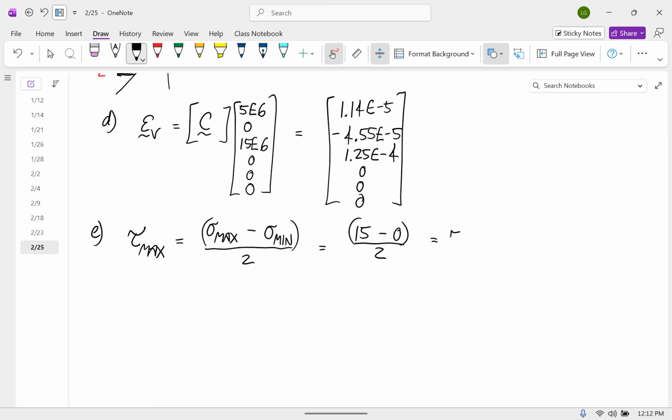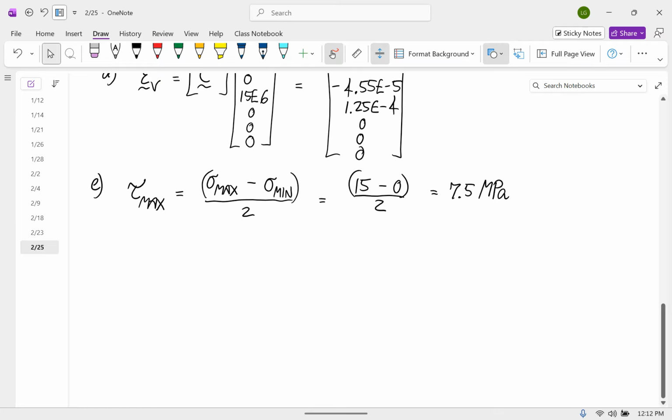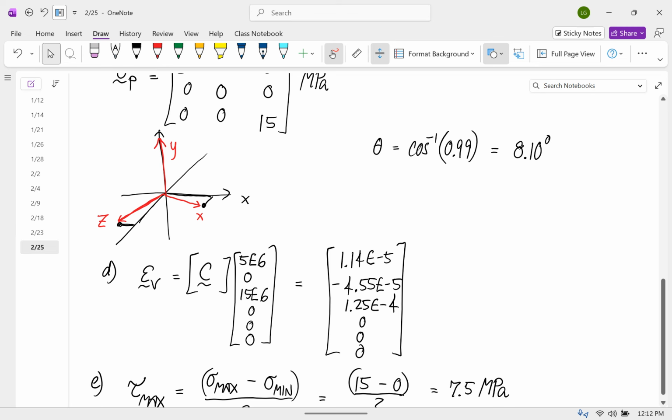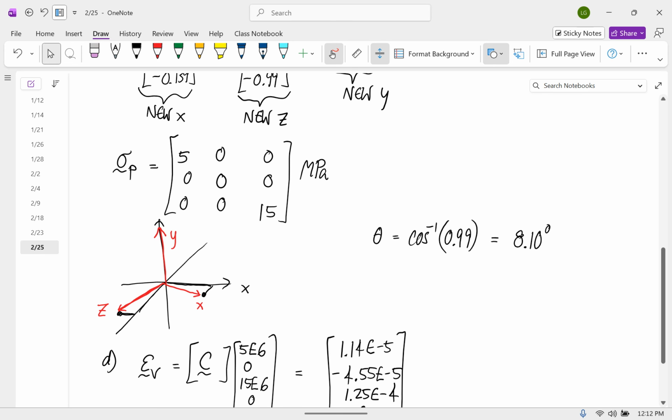Divide by 2 and you get 7.5 megapascals. And now to find a stress tensor that has plus or minus that maximum shear stress, we're going to do a coordinate system transformation of 45 degrees about the axis with the middle eigenvalue. So the middle one is this 5. So I'm going to do a 45-degree rotation about x.